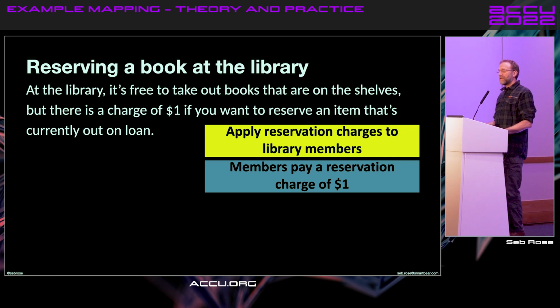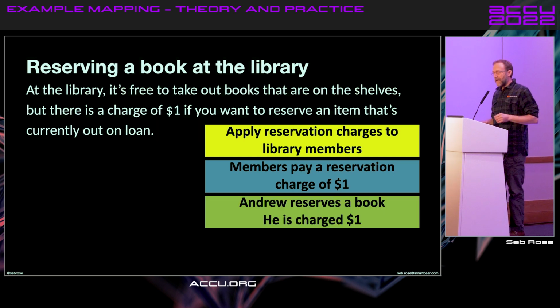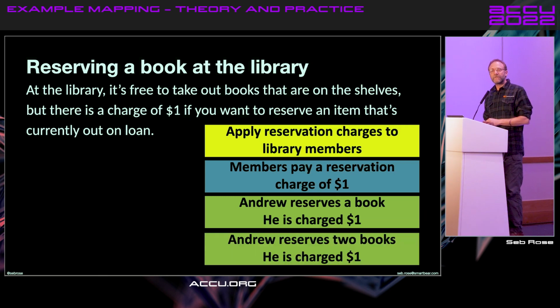So let's imagine that some developer comes up with an idea. Andrew reserves a book. He's charged $1. And the product owner looks at that and goes, yeah, that's what I would expect. Then there's a tester in the room, and they come up with a thought that said, well, Andrew reserves 2 books. He's charged $1.